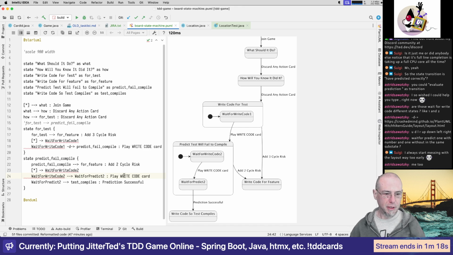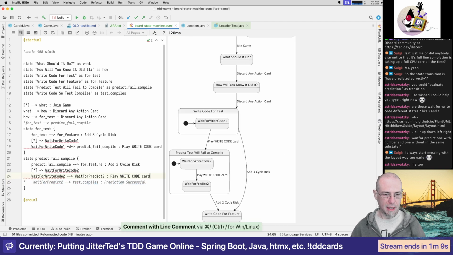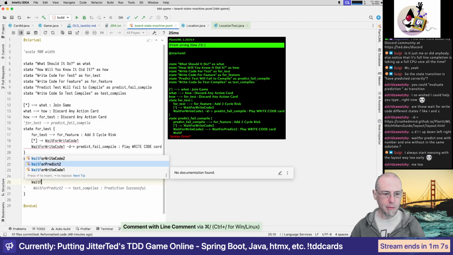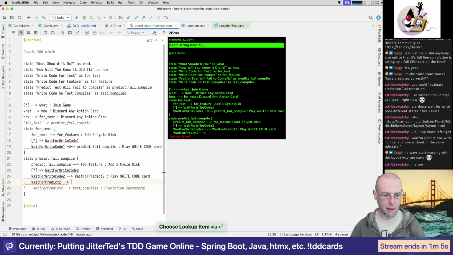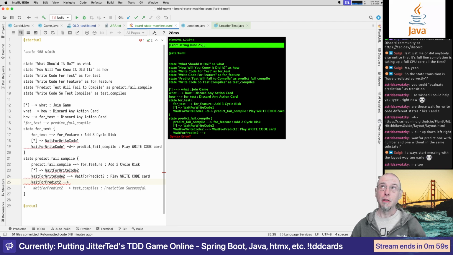Once we're in wait for predict 2, that's not right. It has to be: you play the right code card, now you got to play a predict card.